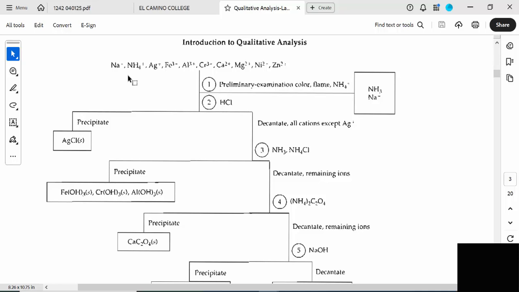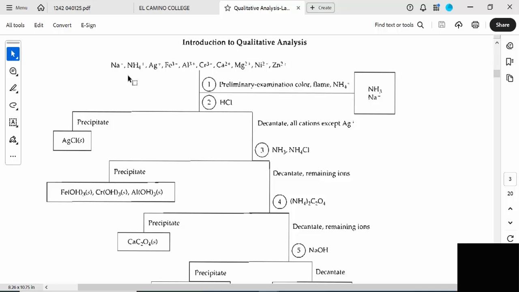So if it takes 10 drops and the procedure says to use 2 drops, I'm going to use 10 drops, because I want all the silver out of there so it doesn't contaminate the rest of my procedure and screw up all my precipitates. If silver gets over here, you're screwed, basically. And you're going to waste so much time thinking, oh, what does that mean? Do I have this or don't I have this?